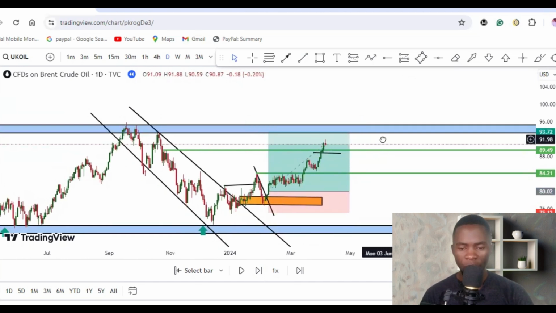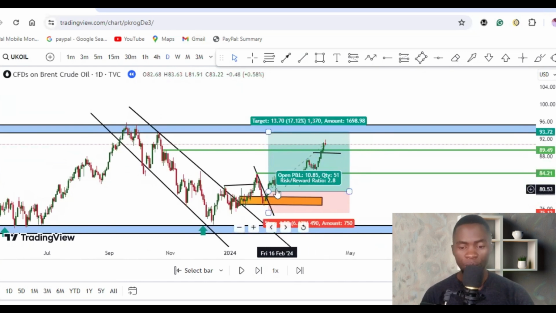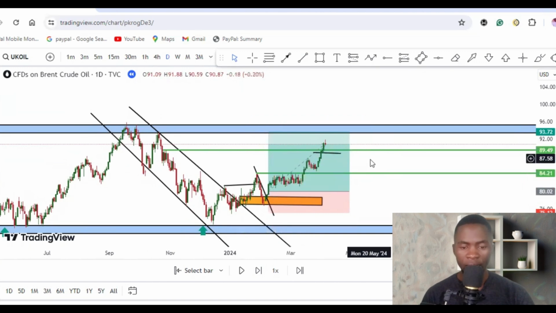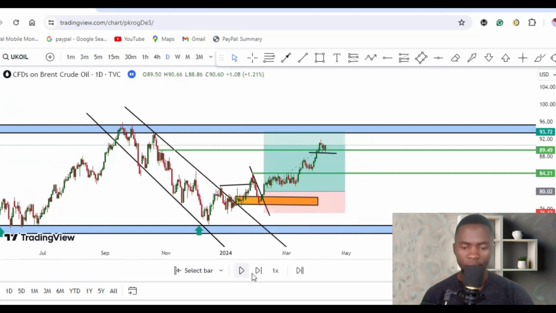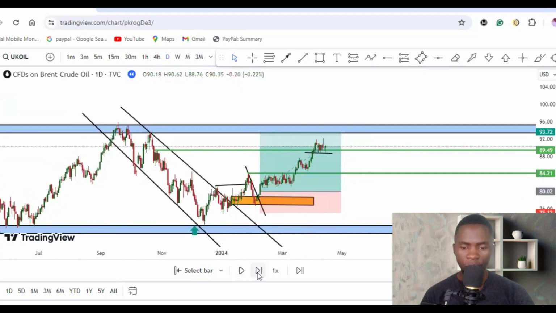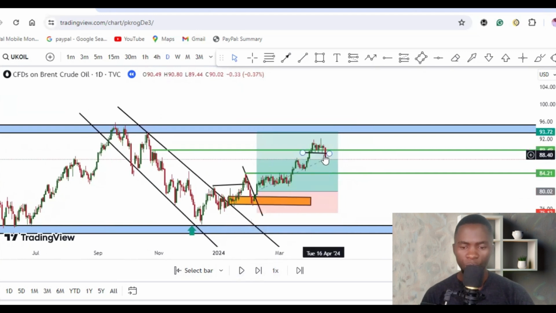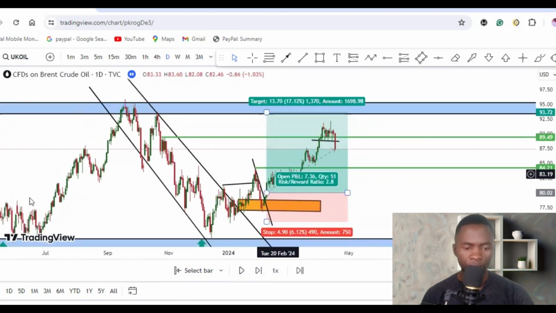So I don't normally care because I don't want to lose every profit that I've gained from the beginning, from below here. So when I reach my TP2, now I start to tighten my stop loss. And you can see the market stopped me out at TP2, take profit 2.